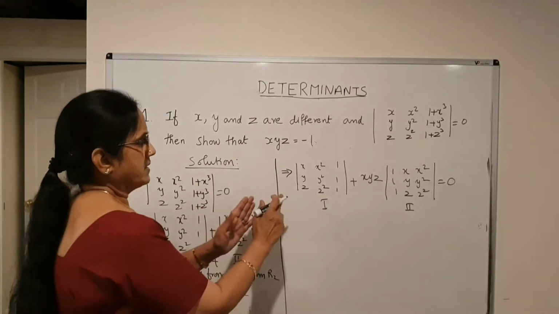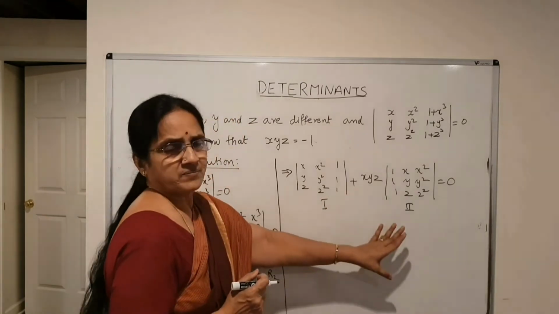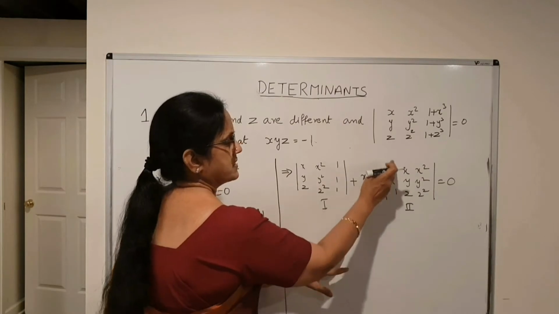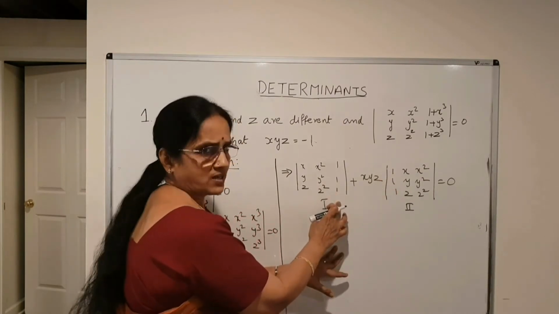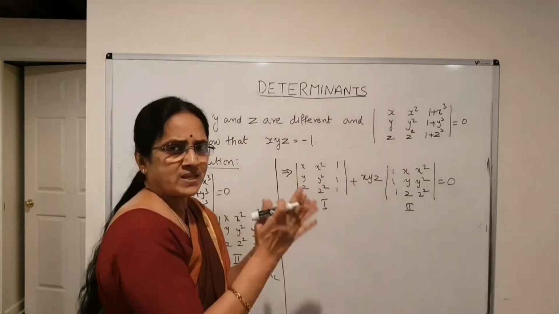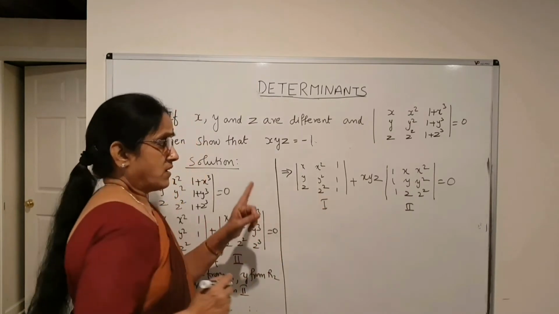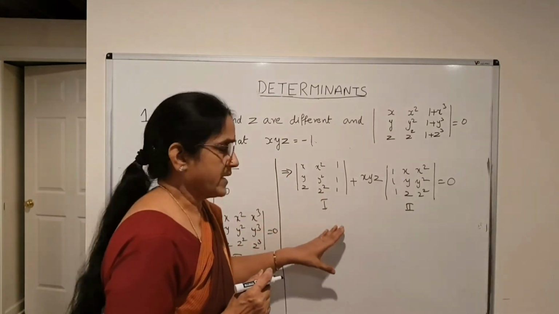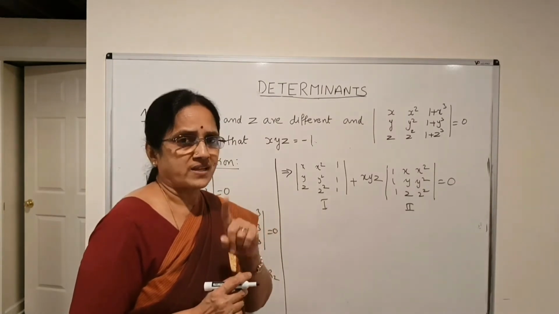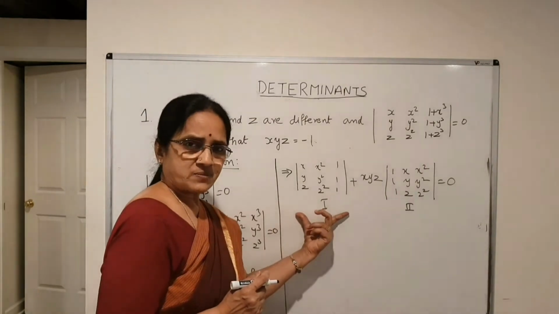Now, if you compare 1 and 2, all the elements are the same. The only thing is that 1, 1, 1 is in the first column here, whereas it is in the third column in the other. Same way, x, y, z and x square, y square, z square, only the columns have been interchanged. So what I am going to do over here, and I already told you, in a determinant, if any two rows or any two columns are interchanged once, the value of the determinant becomes negative.